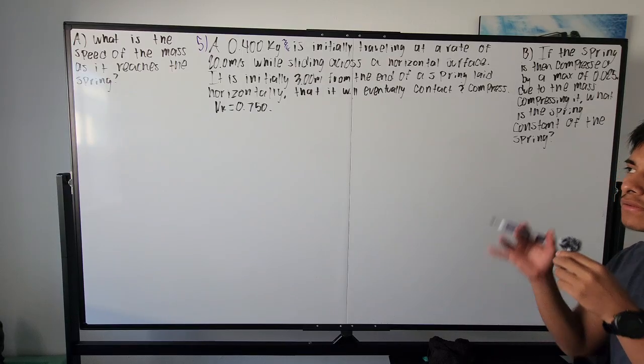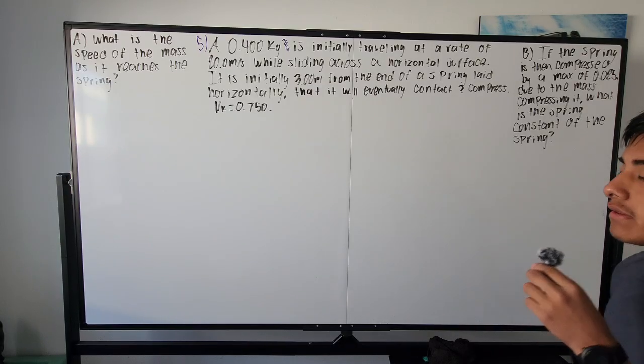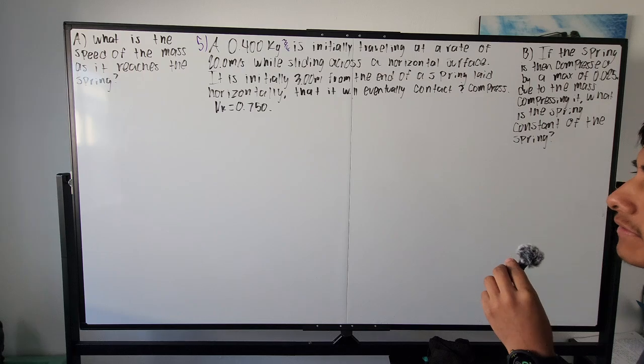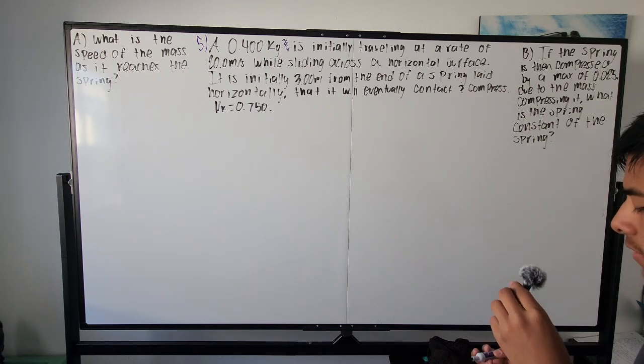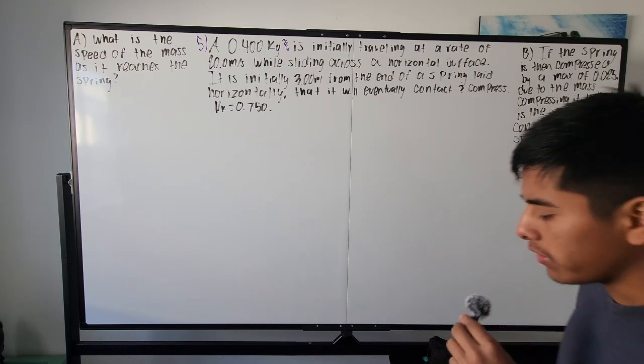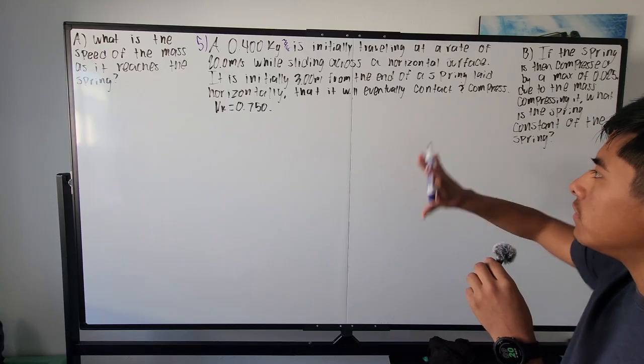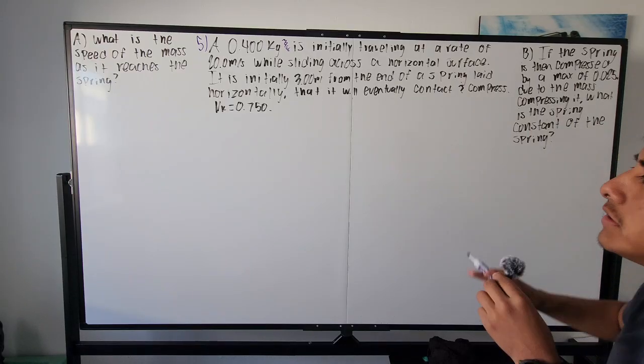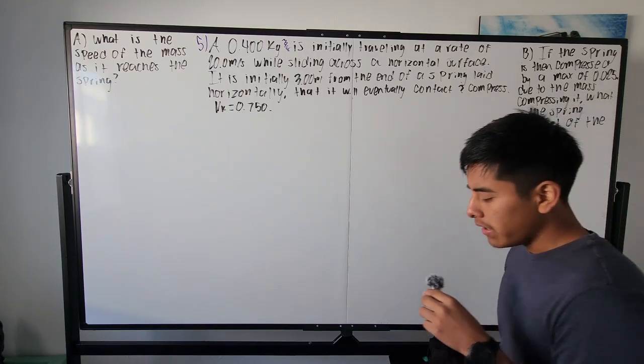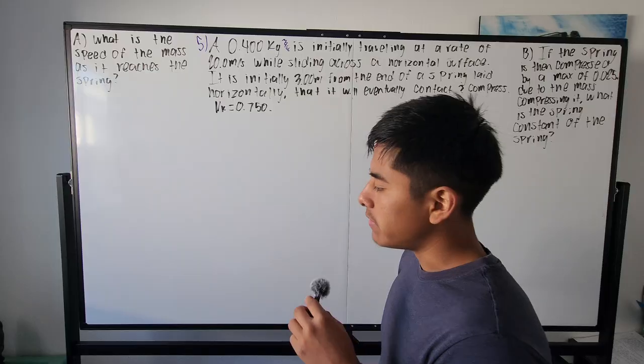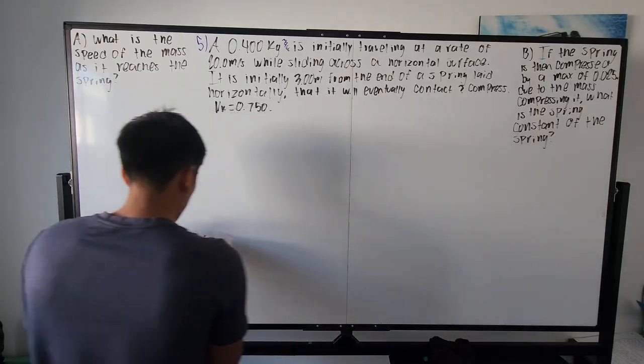You can do this part using just kinematics, but I'm going to do it with work because the following parts, part B and C, are also going to be using work. So I just want to keep it consistent.